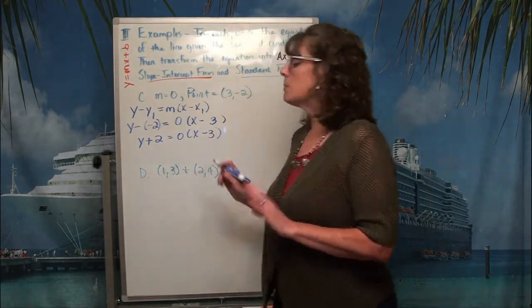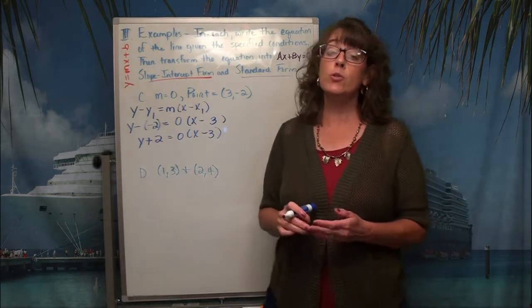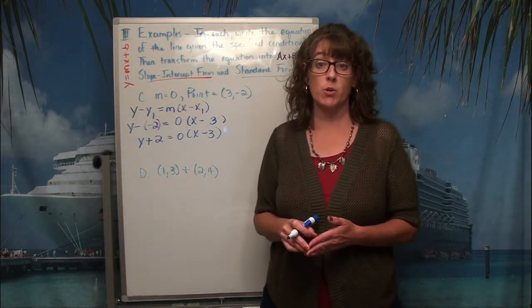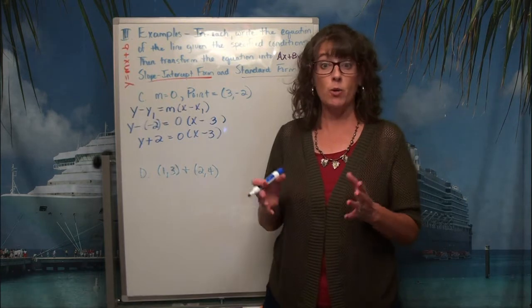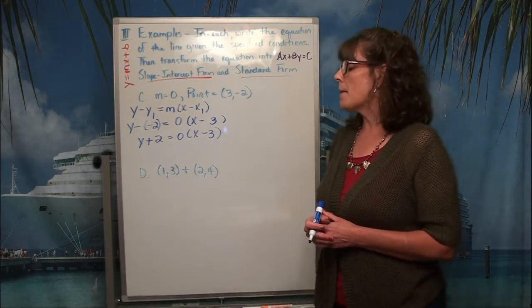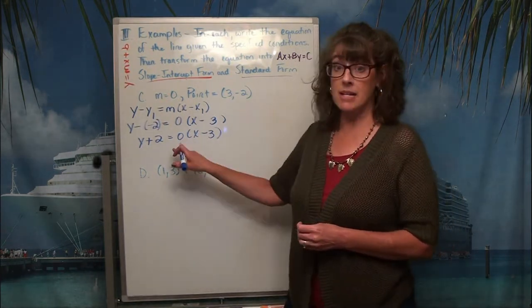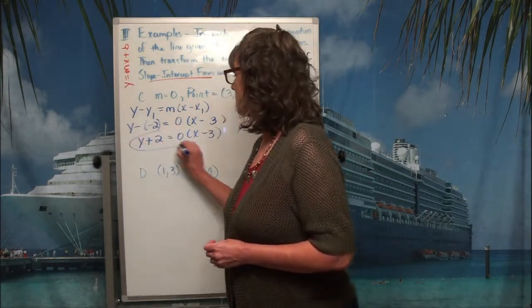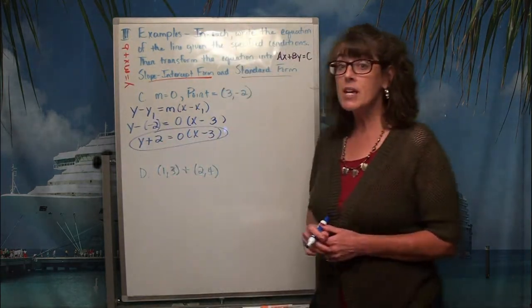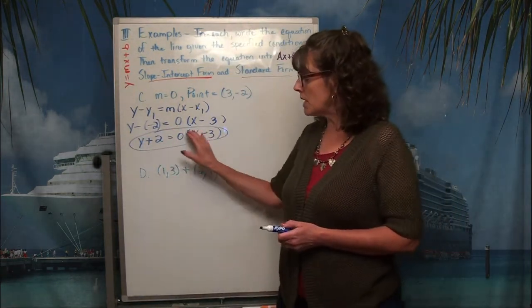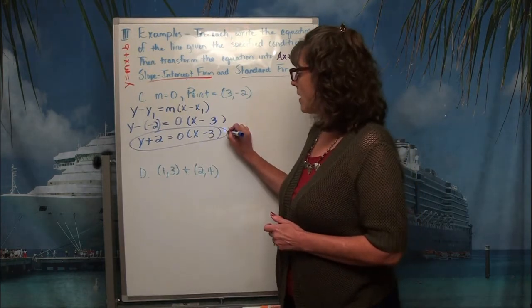Now, let me point something out to you. Depending on who your teacher is, depending on what textbook you are using, publishing company or author, some people will say, yes, this is your point slope form, because point slope keeps that parentheses right there.